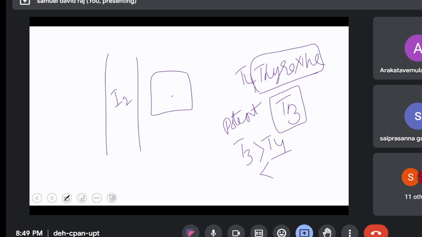For example, if T4's half-life is 8 days, T3's is only 2 days. So most of the time, we can see only T4 when we take blood. If at all we see T3 after 2 days, only traces of T3 can be seen, and the instrument should be sensitive enough to recognize these traces. That is the reason why it was not recognized first. Later it was recognized. For both these hormones to be synthesized, we need iodine.